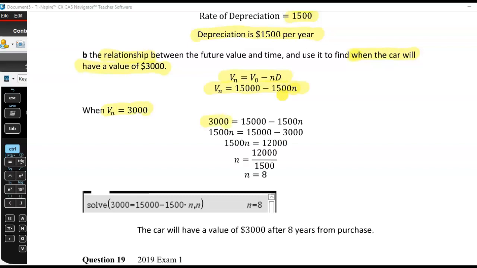So I sub in my $3,000 and I want to figure out the N. Now I can do it by hand or I can do it on my CAS, whichever you like. So the car will have a value of $3,000 after 8 years. So 8 years after the purchase, it would be worth $3,000.